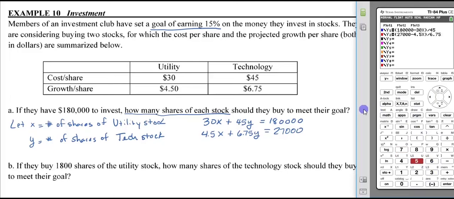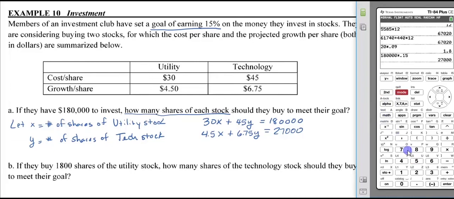Okay, and we want to know how many shares of each stock. Well, let's figure out how to set our window. If we have $180,000 to invest, and we decided to invest it all in the utility stock, then how many shares could we buy? 6,000 shares.